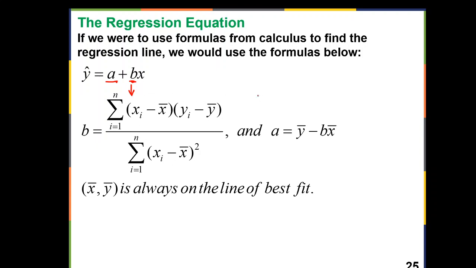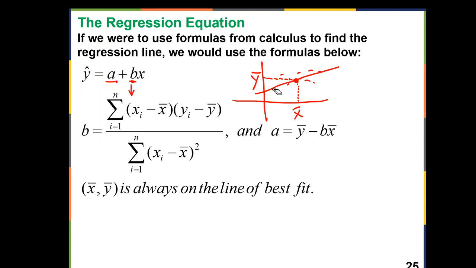Now, when you find these lines, because of the way we calculate them, there is a point that is always on all these lines, and the coordinates of that point are x bar and y bar. x bar is the average of all the x's, and y bar is the average of all the y's.